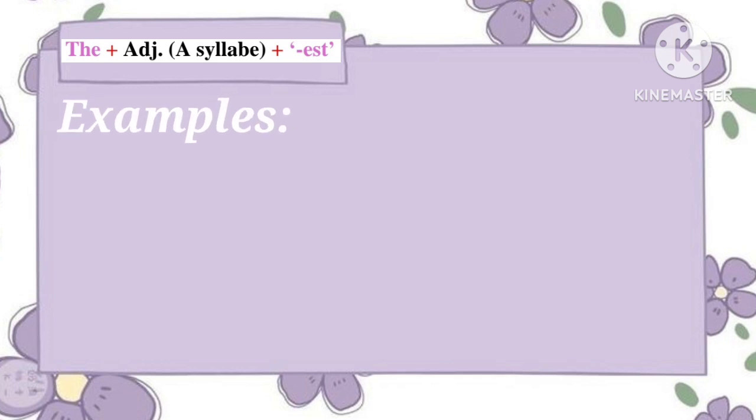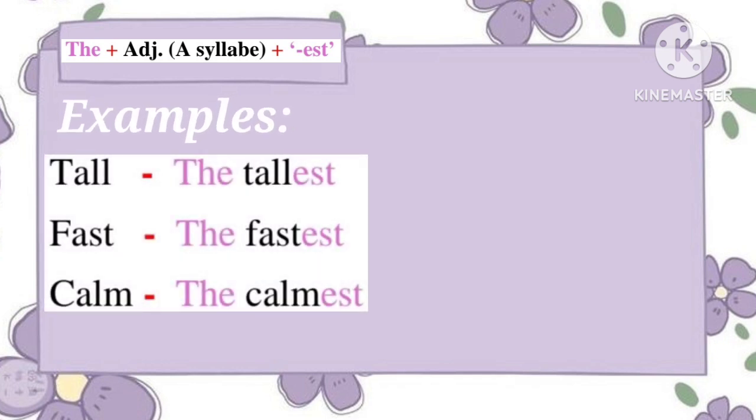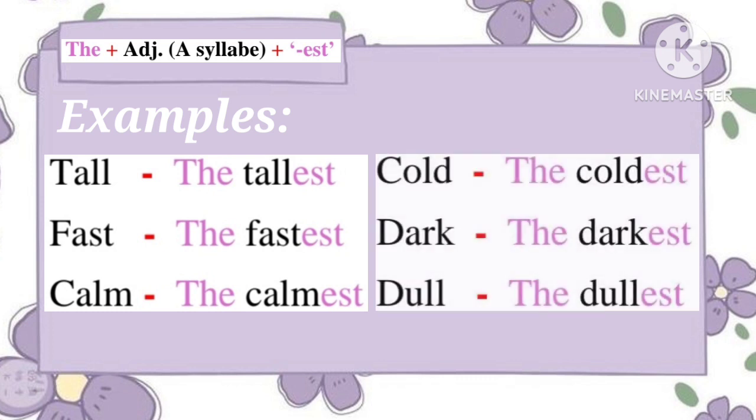For example, tall, the tallest, fast, the fastest, calm, the calmest, cold, the coldest, dark, the darkest, dull, the dullest.